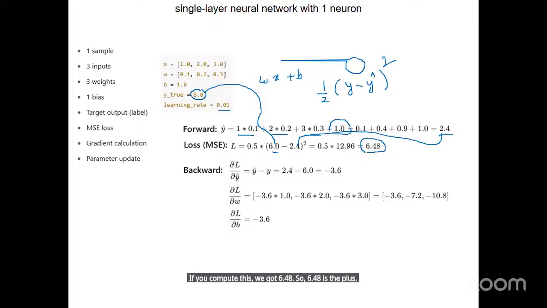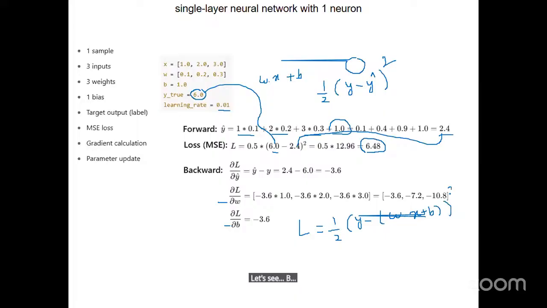Now we have to compute the gradient, that means with respect to the variables, ∂L/∂W and ∂L/∂B. Now see ∂L/∂W. The loss equals 1/2 into the ground truth minus (weight into X plus B), whole square.